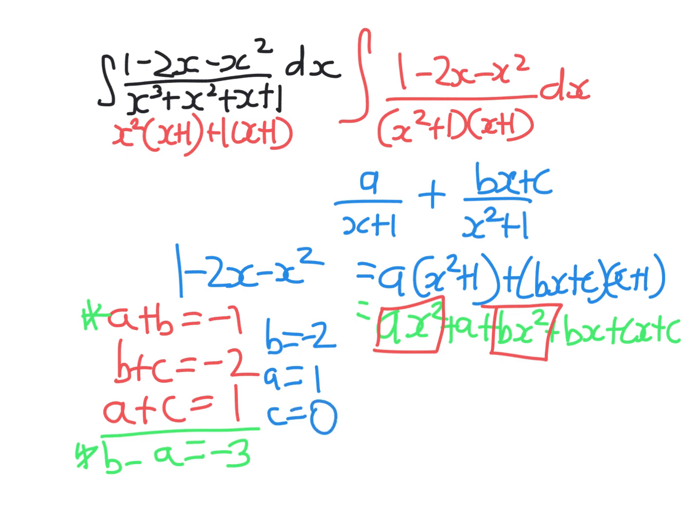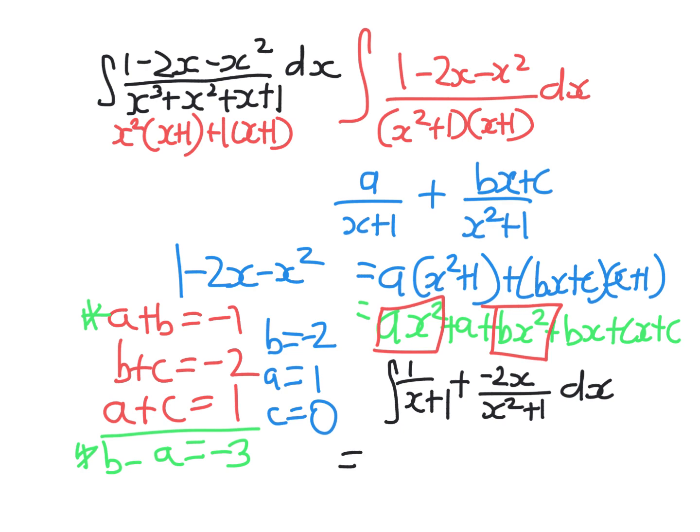So what I've done is I've found that I can rewrite this integral as the integral of A over x + 1 plus (Bx + C) over x² + 1. So B is −2, C is 0, over x² + 1. I've reduced this to the sum of two functions that can be easily integrated.